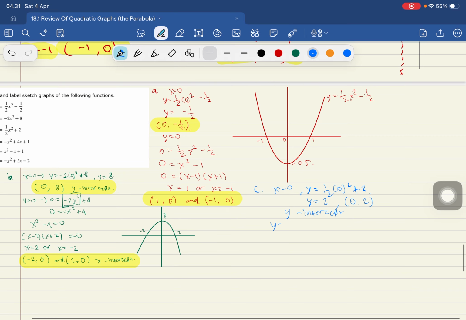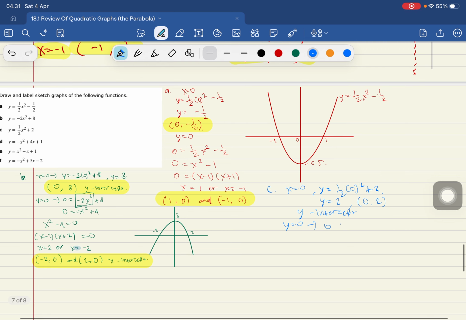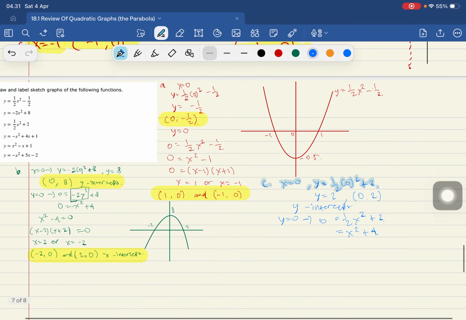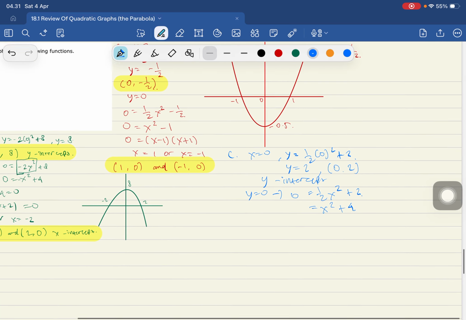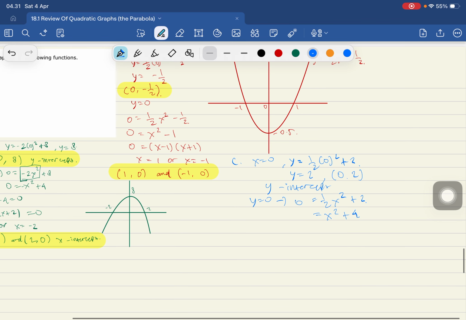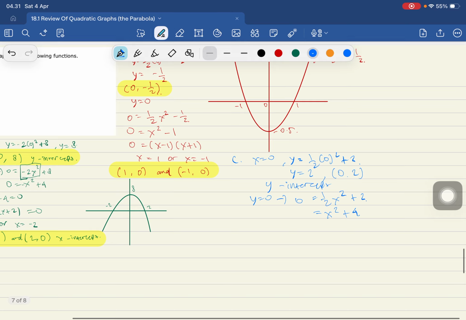Next, let us find the x-intercept, or the roots. So when y equals 0, 0 equals 1 over 2 x squared plus 2. We multiply by 2: x squared plus 4. Here we cannot factorize it. We need to use the ABC formula. Before we use it, let us see if there is a real x-intercept by finding the discriminant.